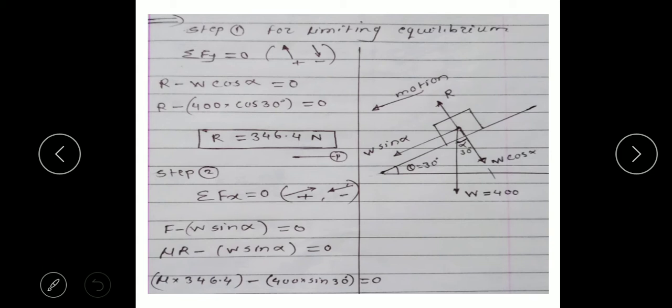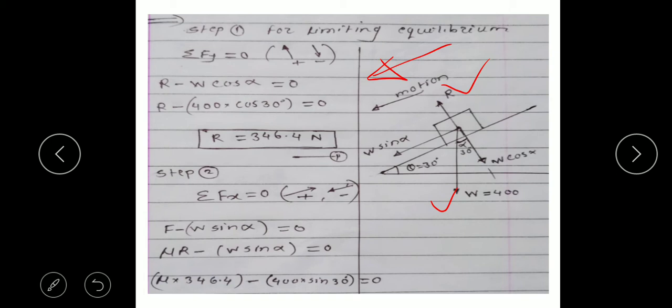So we will draw the reaction R here, because the reaction will be present, and the weight W of the body will act in a downward direction. The numerical mentions the body is sliding down, and since the external force is absent, it is clear that the body is moving downward.